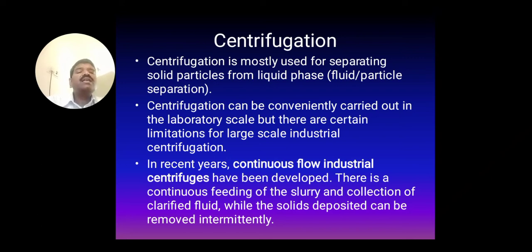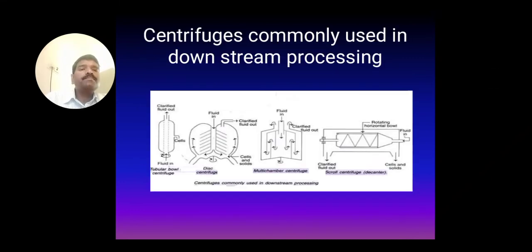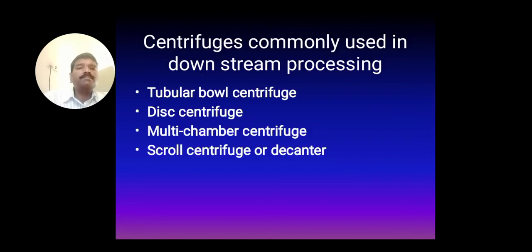There is continuous feeding of the slurry and collection of the clarified fluid, while the deposited solids can be removed intermittently. This slide shows the different types of centrifuges commonly used in downstream processing.